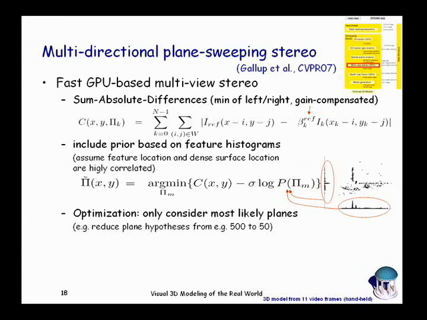If we look at these histograms, that basically gives us a good prior, assuming that there's a correlation between where we found feature points and the actual surfaces, which is very likely. Then the most likely positions for surface points are going to be here and here. And in the other direction of the sweep, it is going to be here and maybe a little bit there and there. And of course, the ground plane is also going to come out very strongly there.